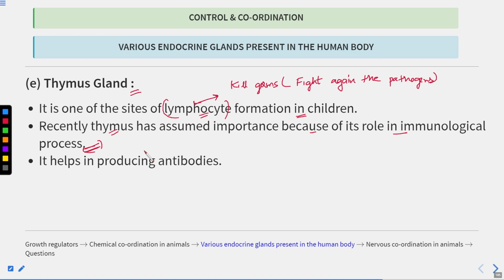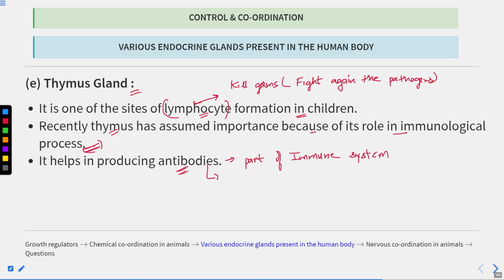The thymus gland also helps in producing antibodies. Antibodies are again part of the immune system, and they also help us fight against foreign antigens.